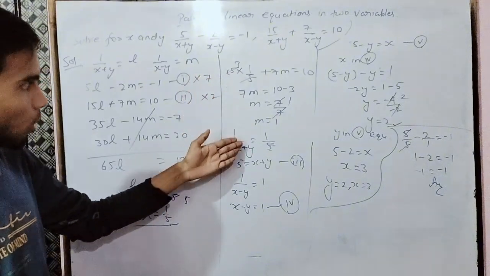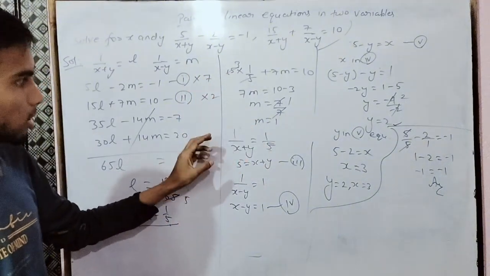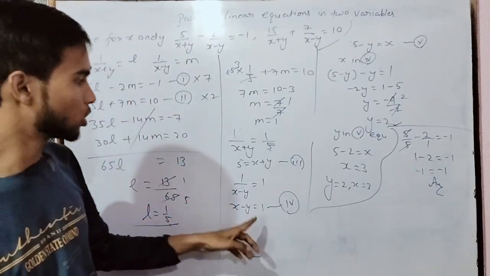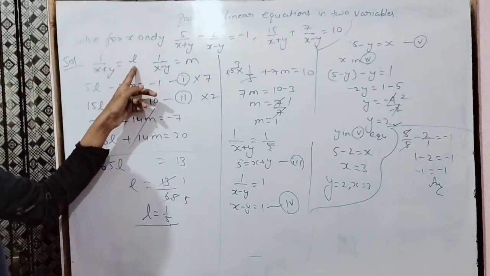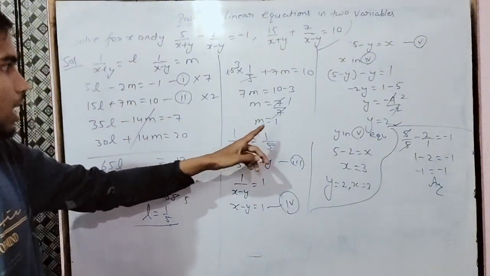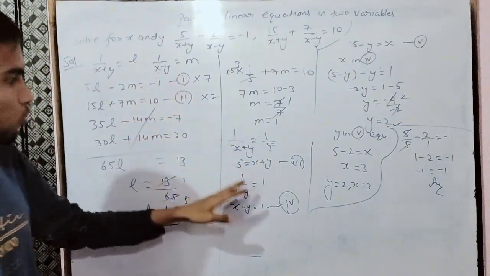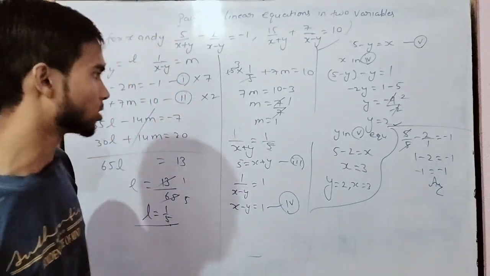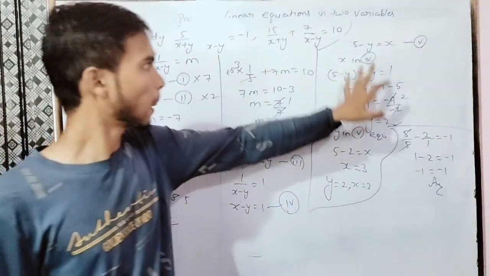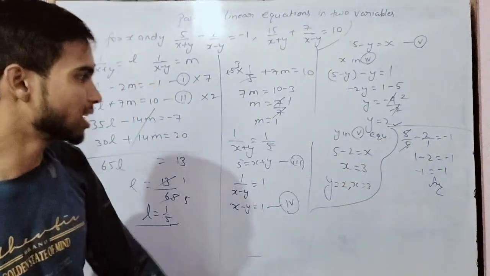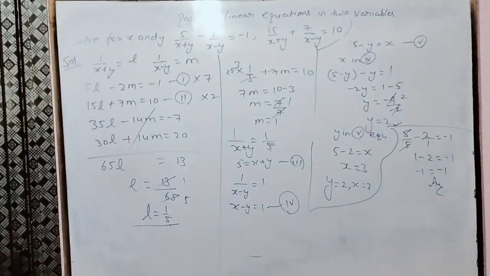Then from here we got the value of m, and as we know L is equal to this and m is equal to this. So we substituted the value of L in this and the value of m in this. So from here again we got a pair of linear equations. So from here we got y as 3 and x as 3, y as 2.